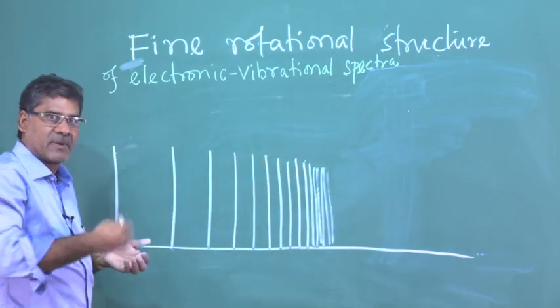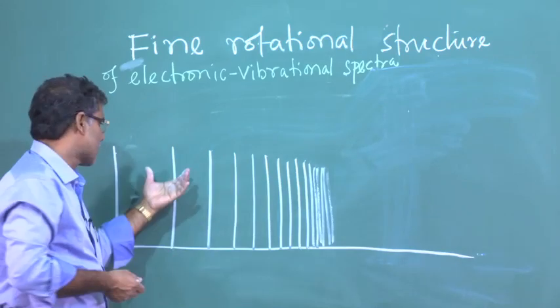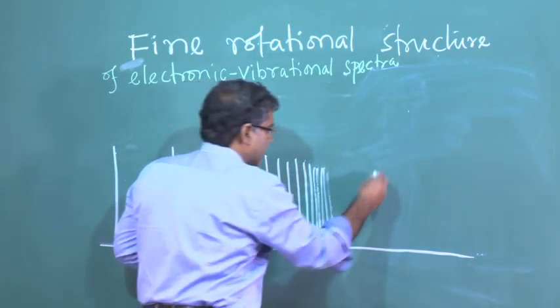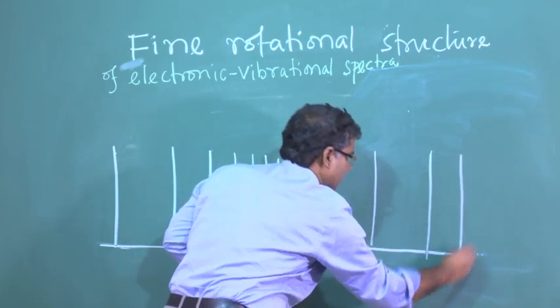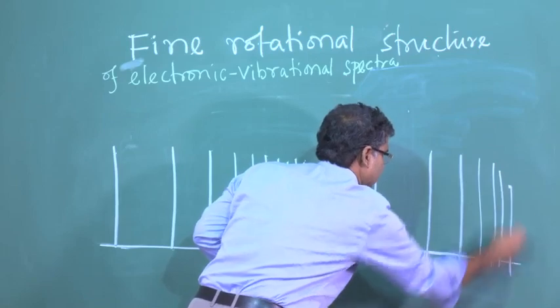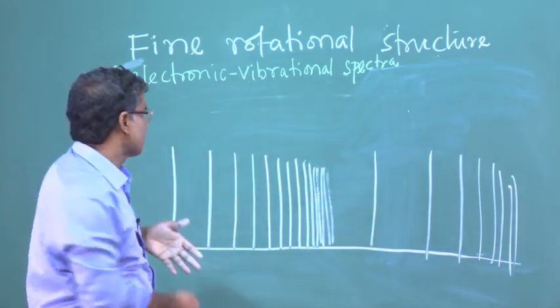We will get different series of spectral lines. This is one series, okay, and then you will get another series. So, this way you will get another series. Okay. So, you will get series of spectral lines.